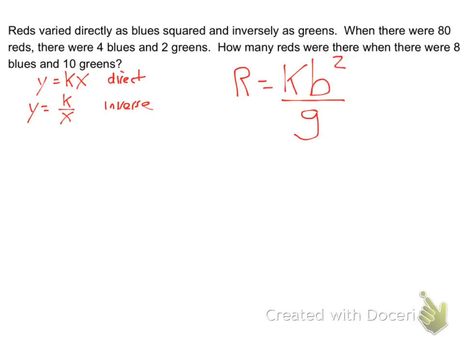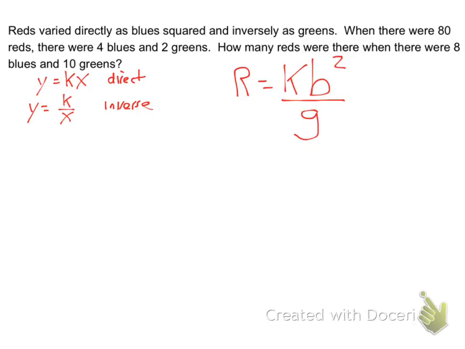How come I don't need an extra k in there? It's because the same k is used for both parts. The reds is directly, so that's on top, with the square of B, and inversely with G. All one equation.